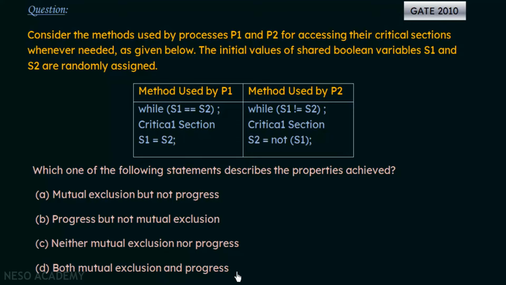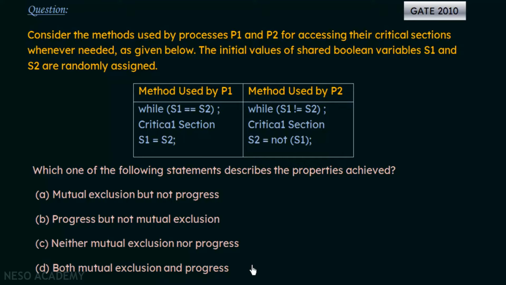There are two properties mentioned here: one is mutual exclusion, the other is progress. The first option says that we achieve mutual exclusion by the methods followed by P1 and P2, but not progress. Option B says we achieve progress but not mutual exclusion. Option C says we achieve neither. And option D says we achieve both mutual exclusion and progress.